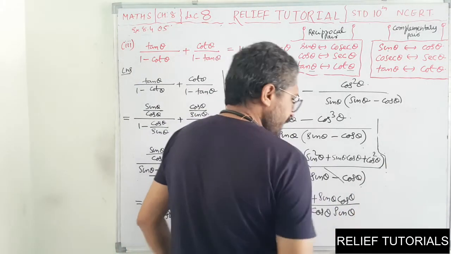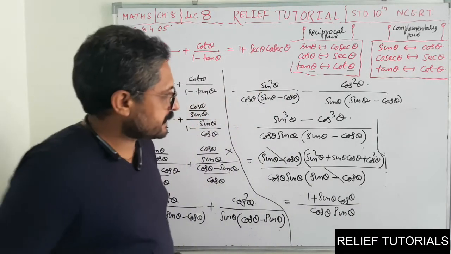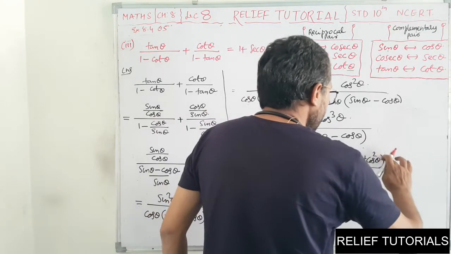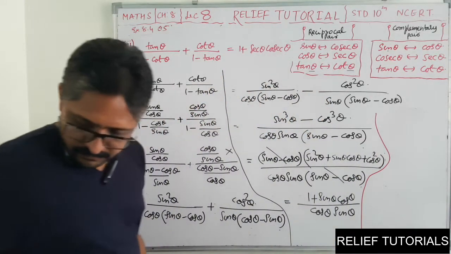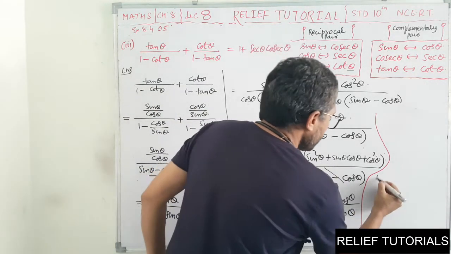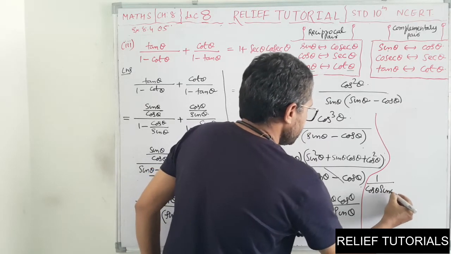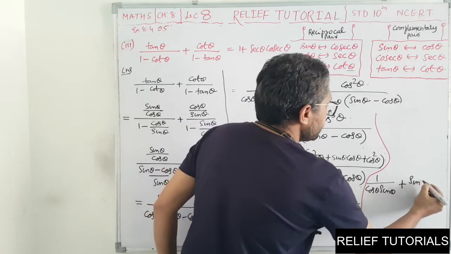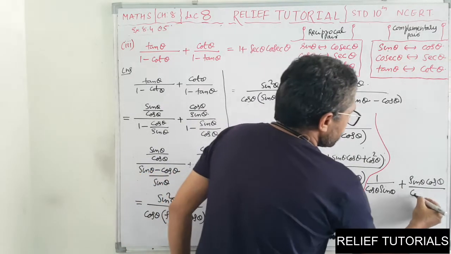So I can write 1 upon cos theta sin theta plus sin theta cos theta upon cos theta sin theta.